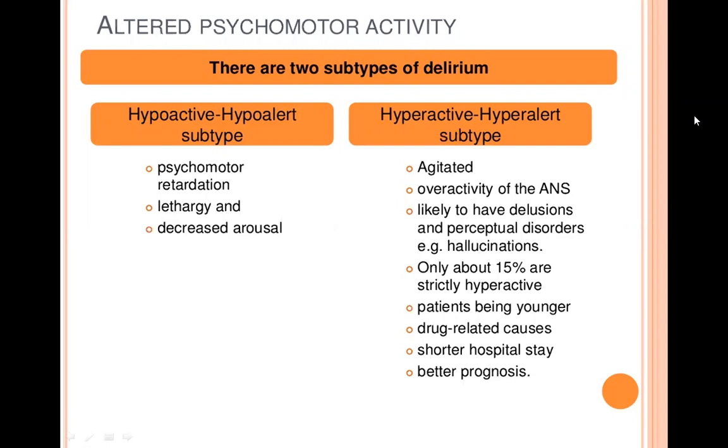First, the hypoactive hypoalert subtype. Hypoactive means the activation of that person decreases, and the alertness also decreases. It occurs when the person has psychomotor retardation.